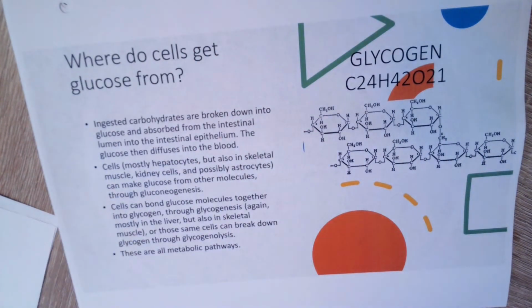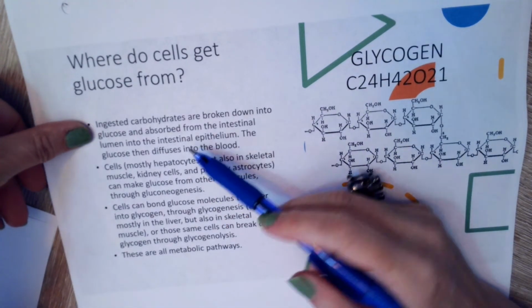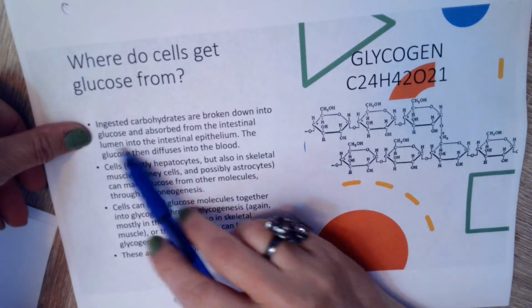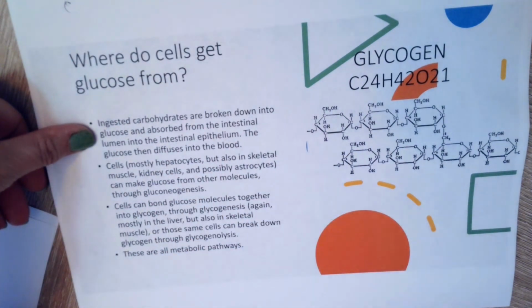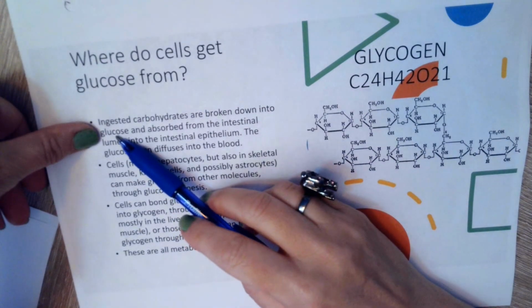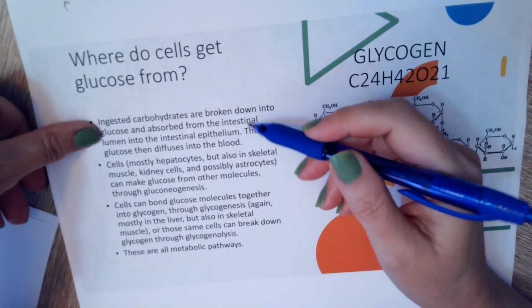Okay, so how are the cells getting the glucose? So one, you eat carbohydrates. They are broken down into simple sugars to be absorbed in the intestinal epithelium. Here I just said they're broken into glucose, but we could break them down into other simple sugars as well, so that we can absorb them into the intestinal epithelium and then into the blood.